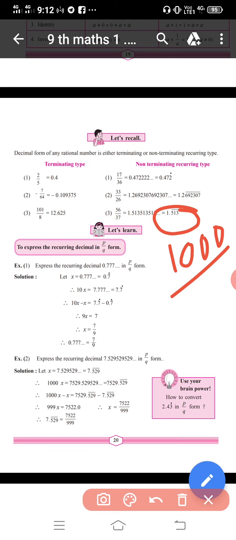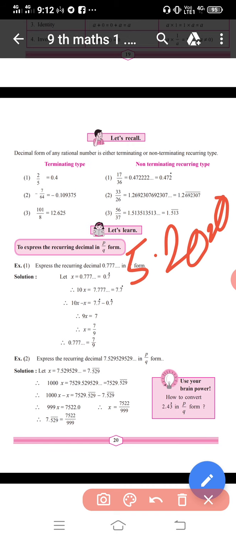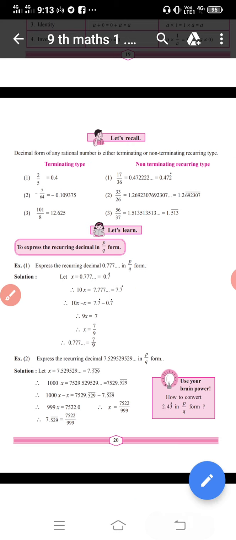If only 2 numbers are repeated, like 5.2020, then 20 is repeated, so we mark it and multiply by 100. So the number of repeated digits after the decimal point decides what we multiply by.